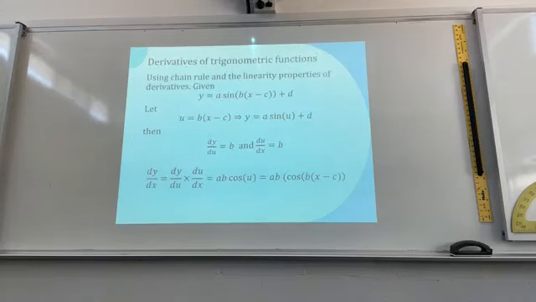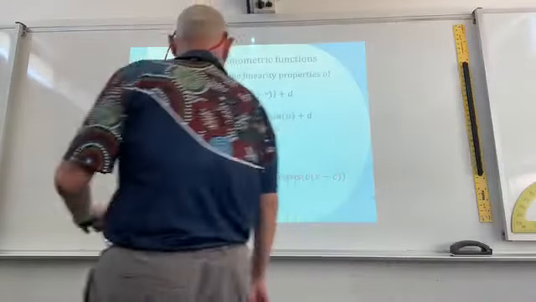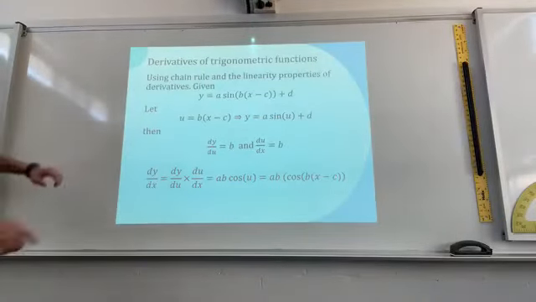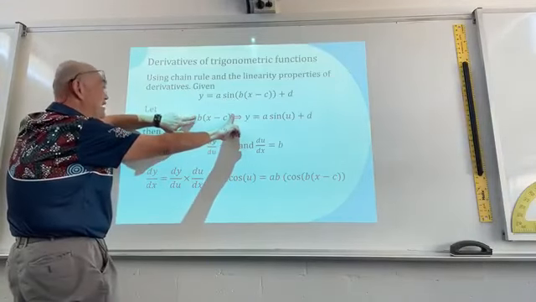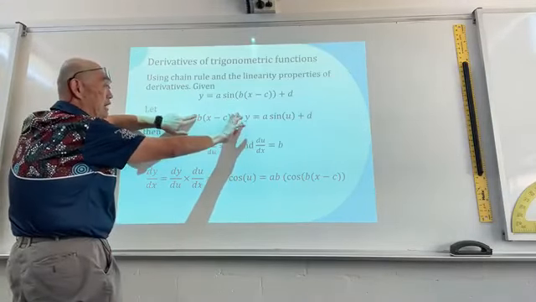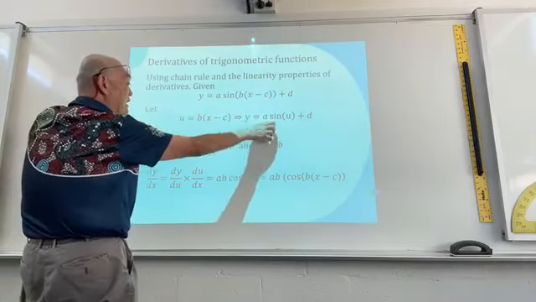So if you've got something like y equals a sine (bx minus c) plus d, think about the chain rule. Let u equal bx minus c, so y equals a sine u.